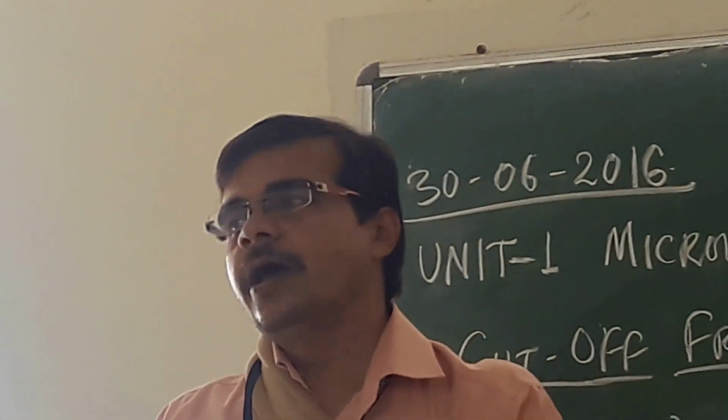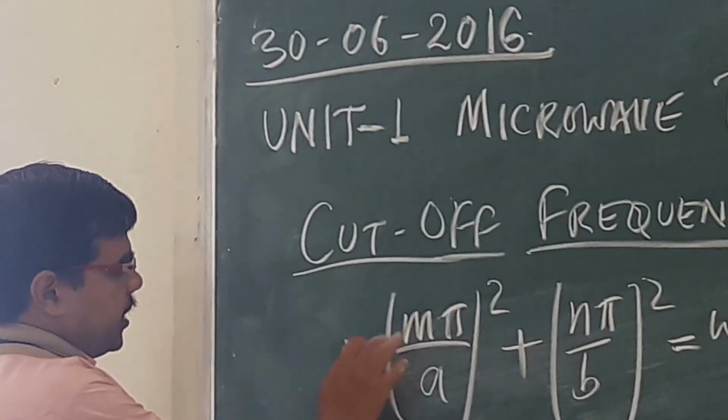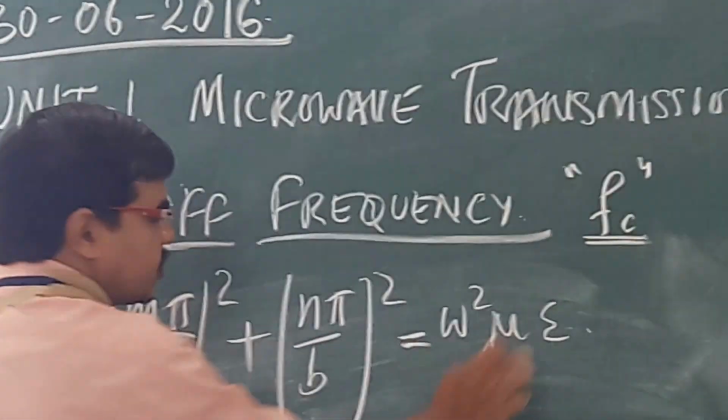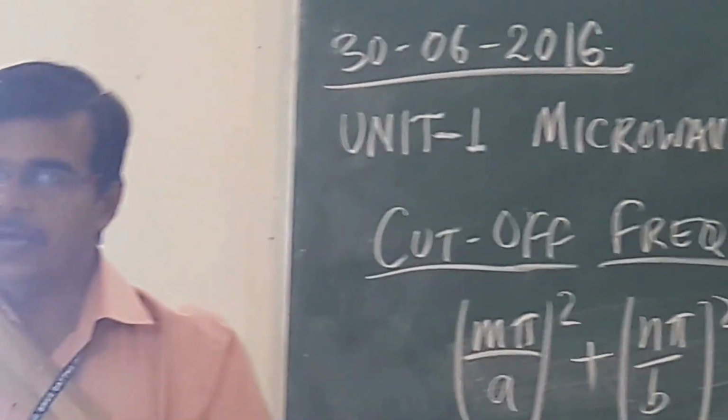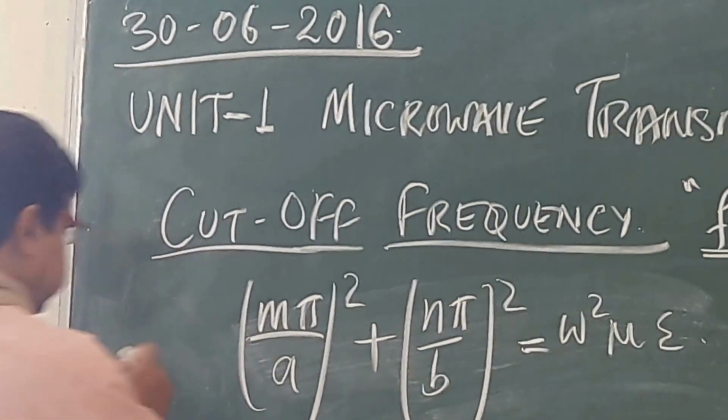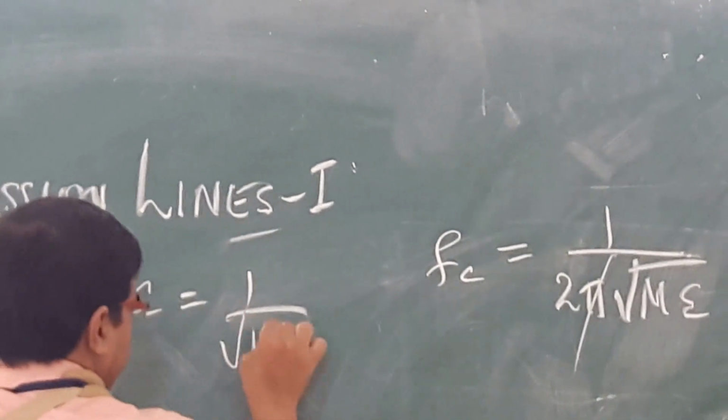Frequency above the cutoff frequency, propagation will be there. Can I say that m pi by a whole square plus n pi by b whole square is equal to your omega square mu epsilon? Can I say this at your cutoff frequency? Now, you are knowing that your c is equal to 1 by root mu epsilon.